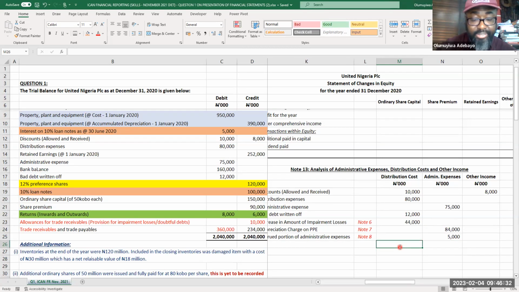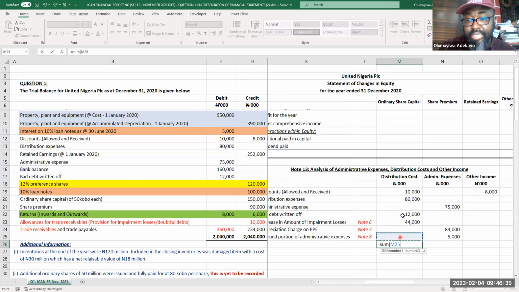Therefore, I can sum it up like this and link it to where I want it to be.